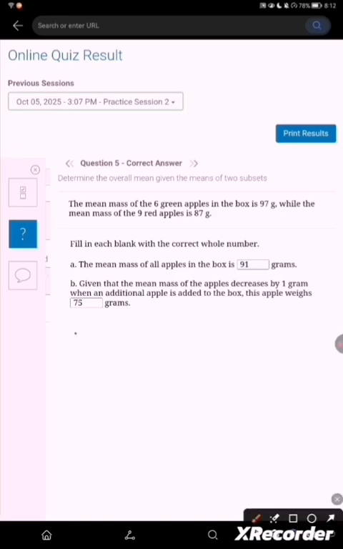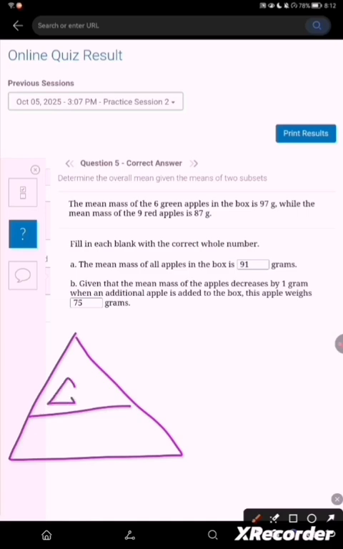So let me just rewrite this calculation triangle real quick to explain it in a better way. Here we go. So they want the mean mass of all the apples, so green plus red.